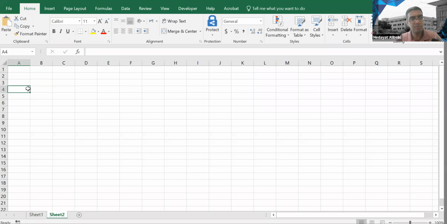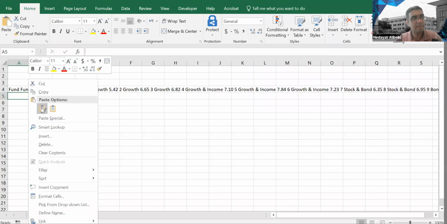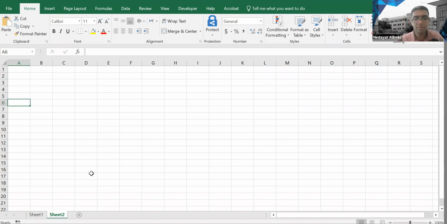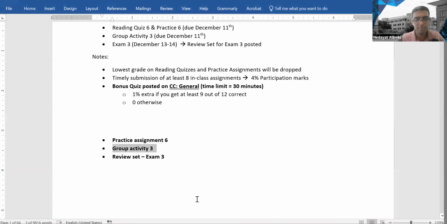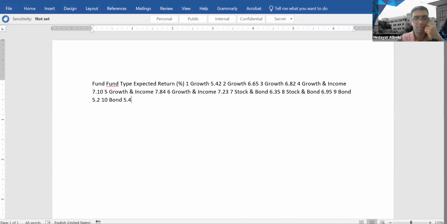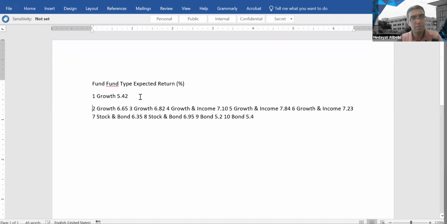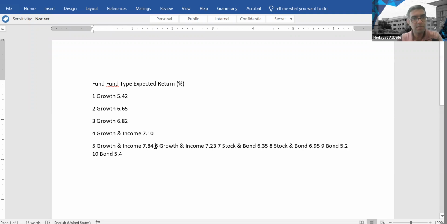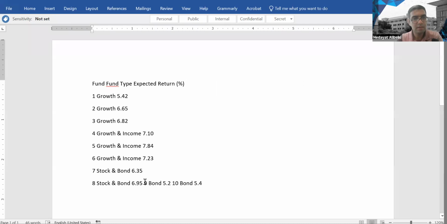Question 12, for example. I'm going to copy the table into the spreadsheet, with funds 5, 6, 7, 8, 9, and 10, the fund type, and then expected return.